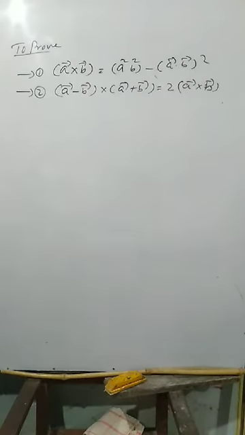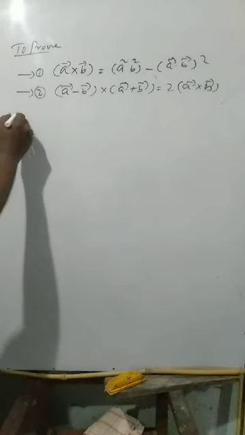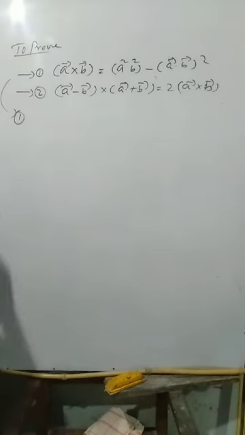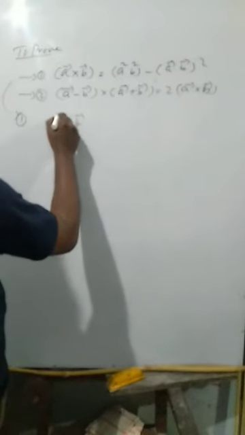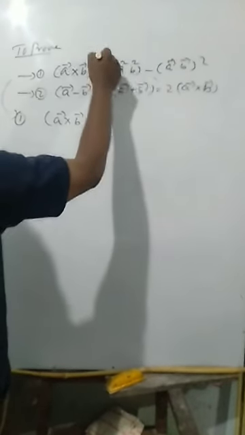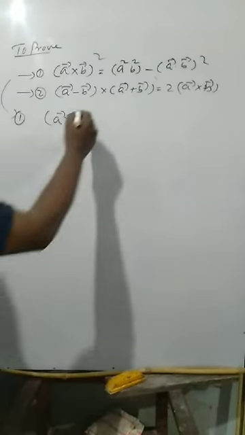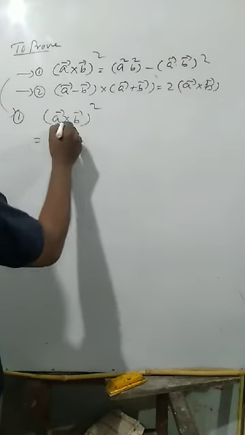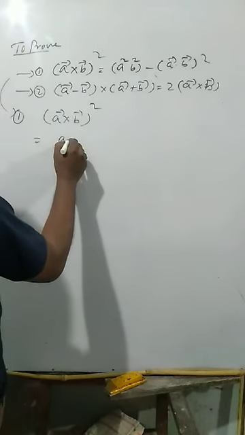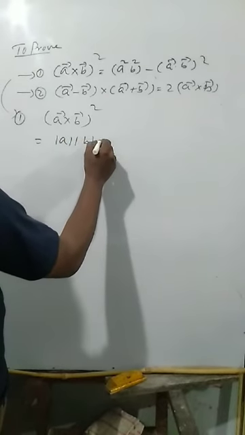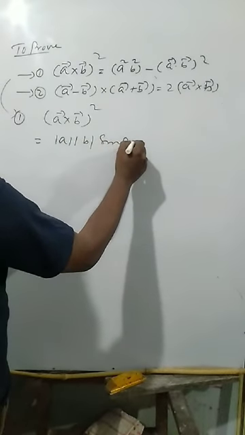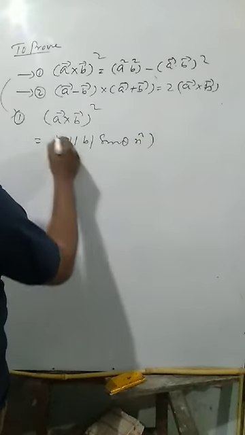Now wait, first one. Solution of the first. So A cross B whole square equal to, instead of A cross B you put the formula A magnitude into B magnitude sin theta n cap, whole square.